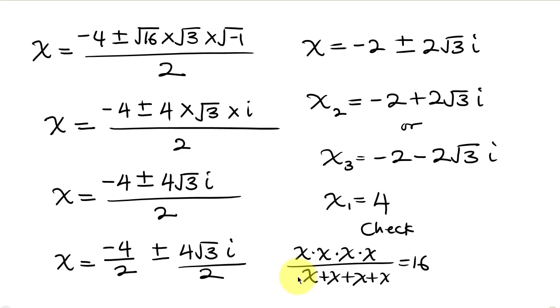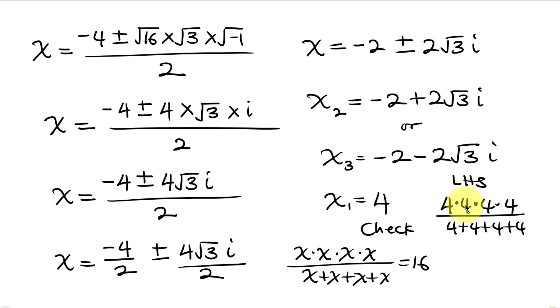Now let's see if our 4, I'm going to be testing the real solution. Our 4 will give 16, which is on the right hand side. So this is 4 times 4 times 4 times 4 all over 4 plus 4 plus 4 plus 4. I'm taking the left hand side, so that is my focus. Good.